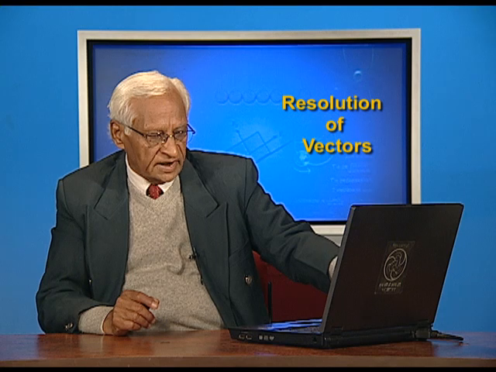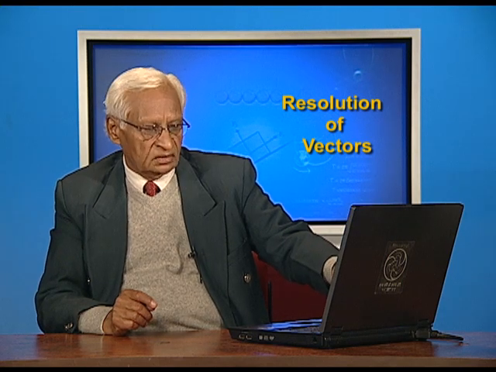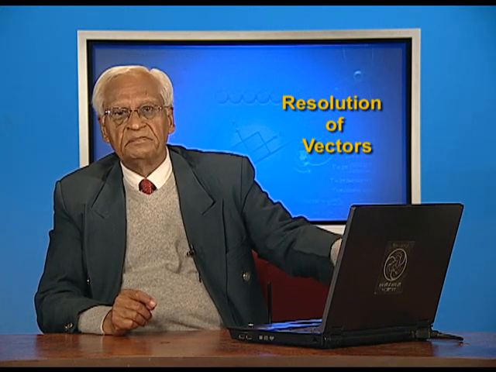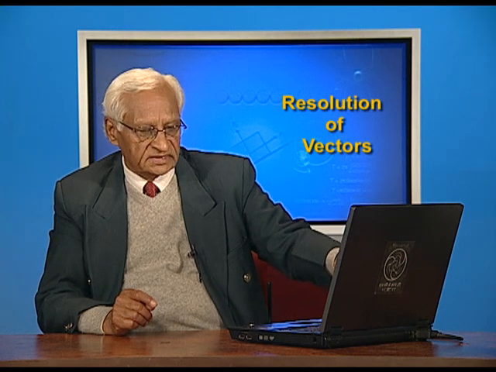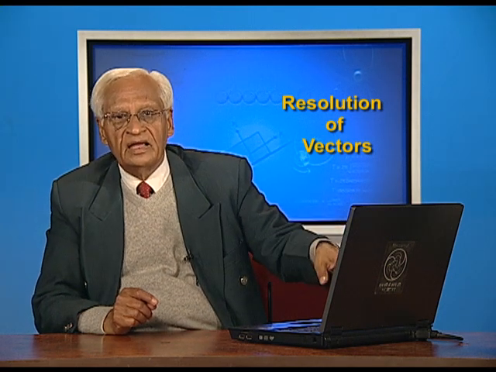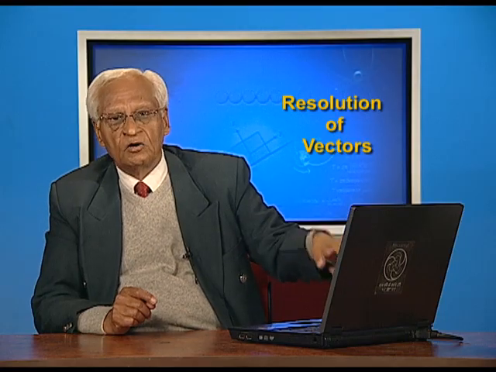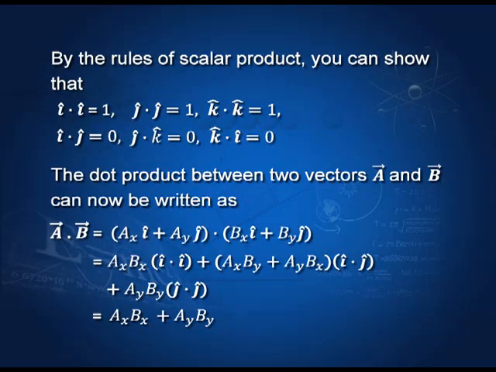There is no vector on this side. It is Ax Bx, the component of a multiplied by the component of b along the x axis, then the component of a and the component of b along y axis. This is the dot product a dot b.